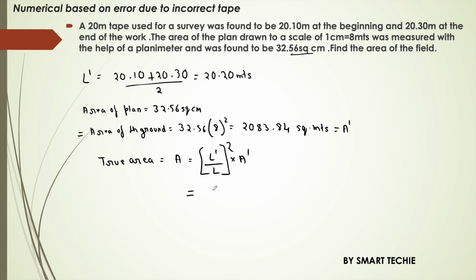So L dash will be 20.20 divided by 20 the whole square, into the area, which will be 2083.84. Okay, so what will I get? I'll get 2125.73 square meters. So this is the area of the field.